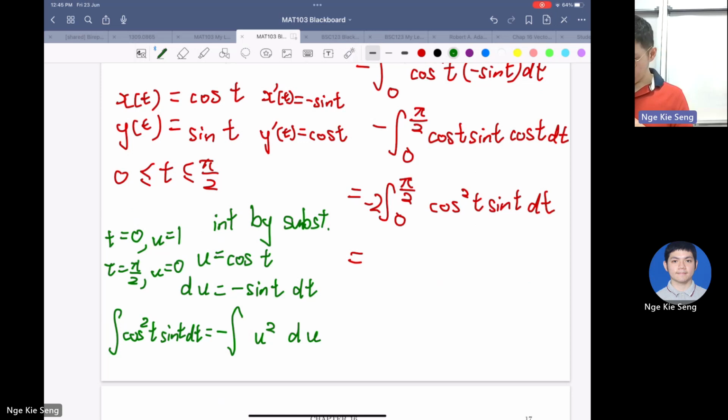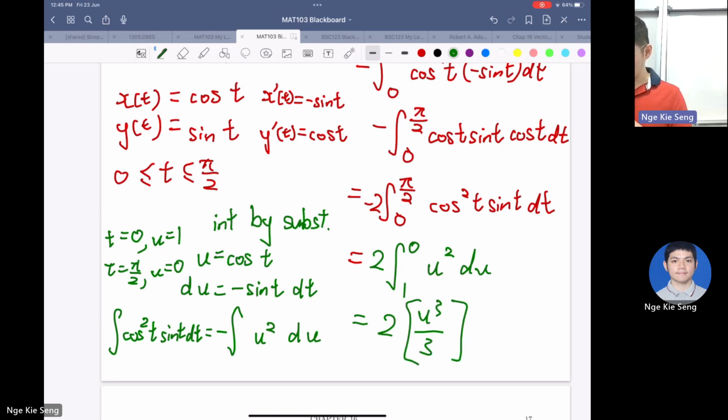So minus minus, I get positive, so 2 times the integral from 1 to 0 of u². Correct? Okay, then keep going. u³ over 3 from 1 to 0, and then you get minus 2/3. Yeah, minus 2/3.